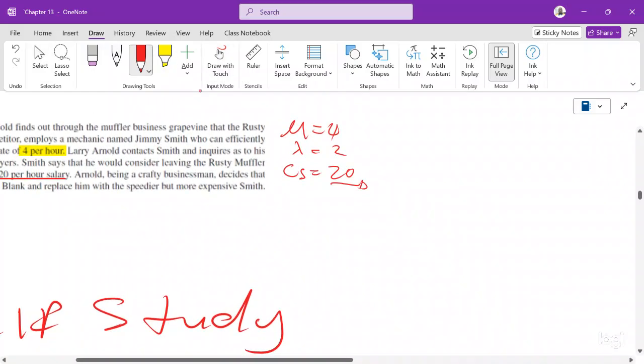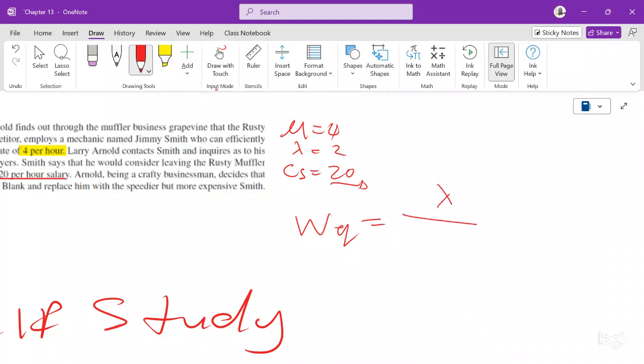So when we're comparing the cost, we need to look for WQ. Then let me go back to my formulas. WQ is this over, okay, minus that, which is equal to the rate of 2 over 4 times 4 minus 2.